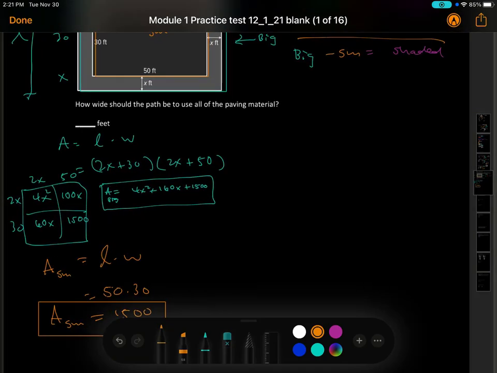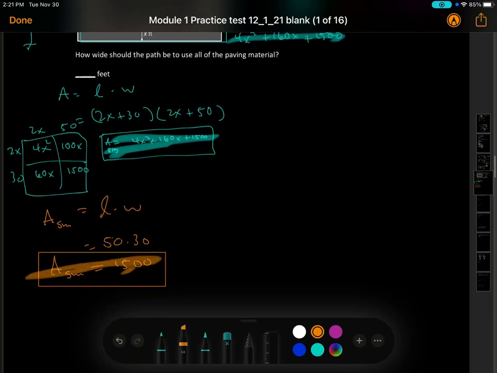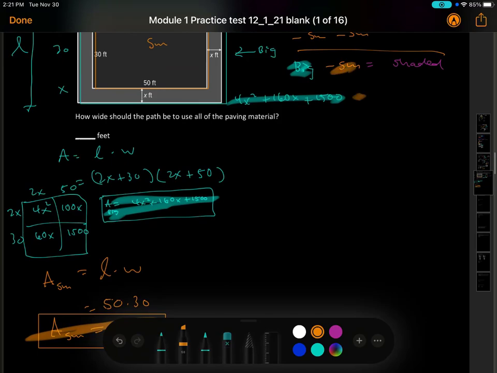Okay, so let's put that in our formula now. The blue is my big, and I'm going to write that right there: 4x squared plus 160x plus 1500. And then the small, we're going to subtract it. And the shaded region we want to be 900.